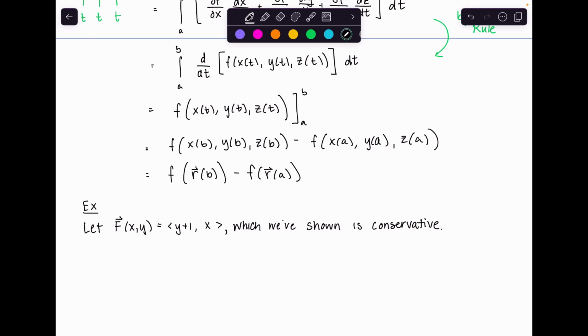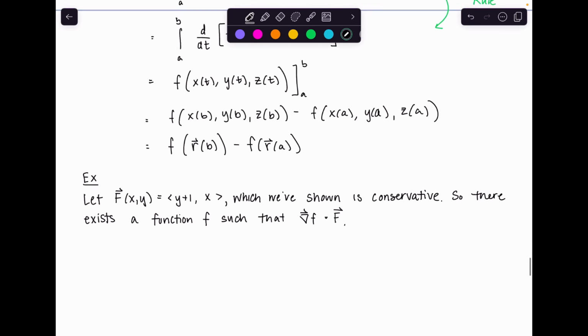Okay. So what that means is there exists a function f such that this vector field is the gradient vector of some function.